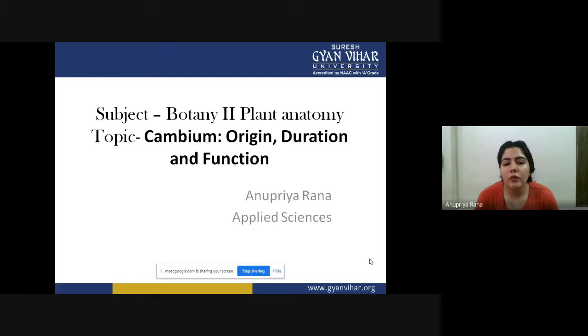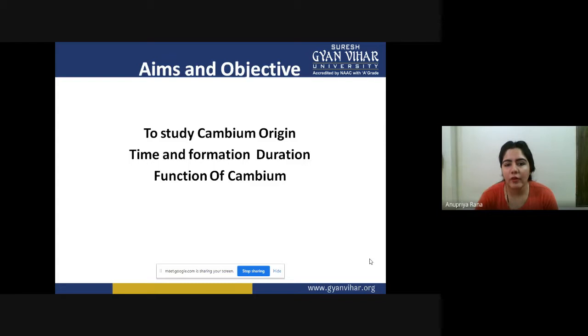So to study secondary growth, we have to see what cambium is, how it originates, its duration, and its function. These are our objectives in this lecture: to study the origin, time and duration of formation, and function of the cambium.